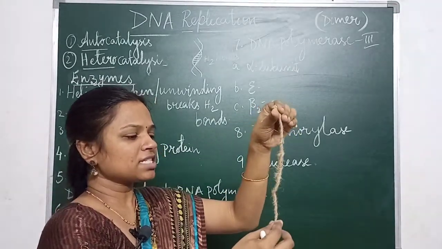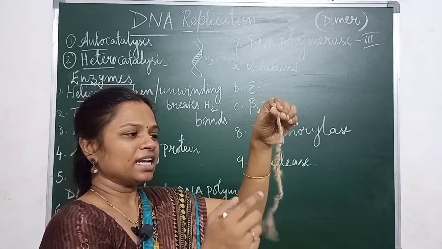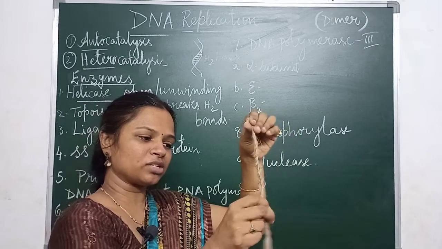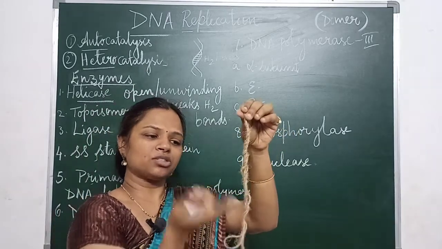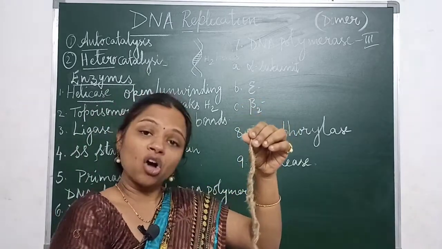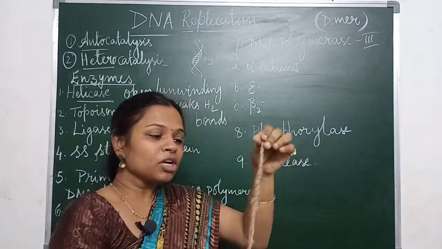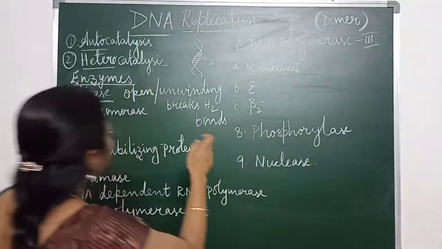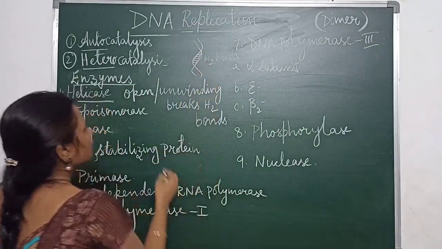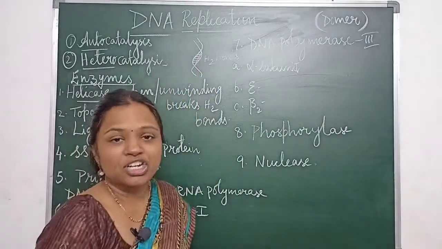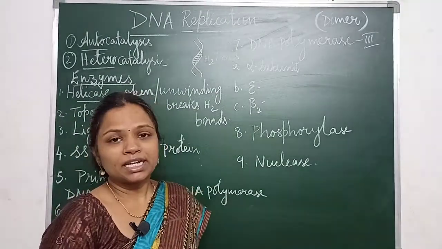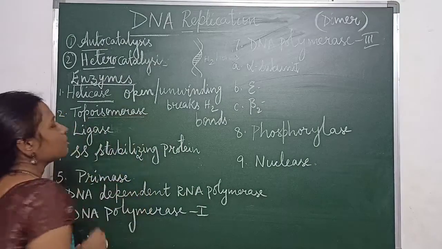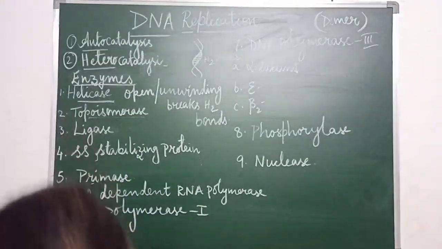If I try to unwind it, it unwinds, and then in between if I try to give a gap, it tries to come back, recoil once again, because of the tension which is there. In the same way, in DNA also, there is a tension in the polynucleotide strands. So this tension is released by this topoisomerase.